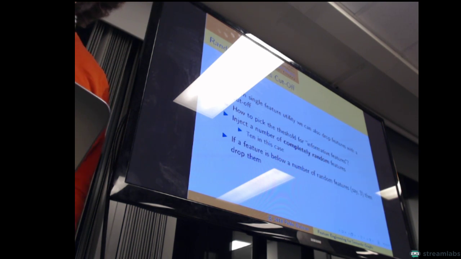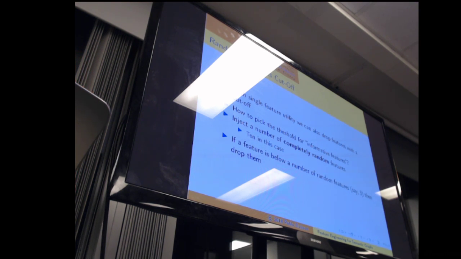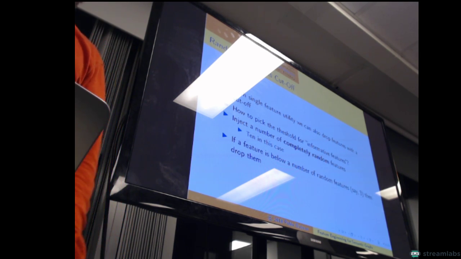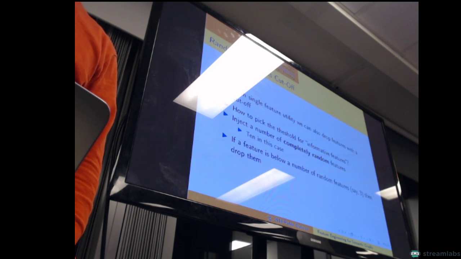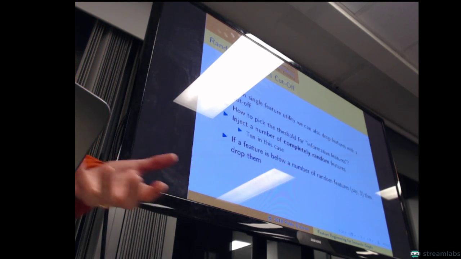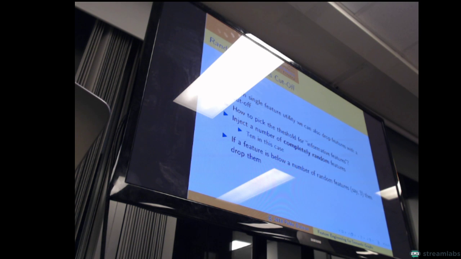Together with that, you can also use these feature utility metrics to choose certain features to drop. You just put a threshold and say, well, if the feature utility is below this, I think this feature is very bad. The question is how to get that threshold, right? So one neat trick to do that is to inject random features.